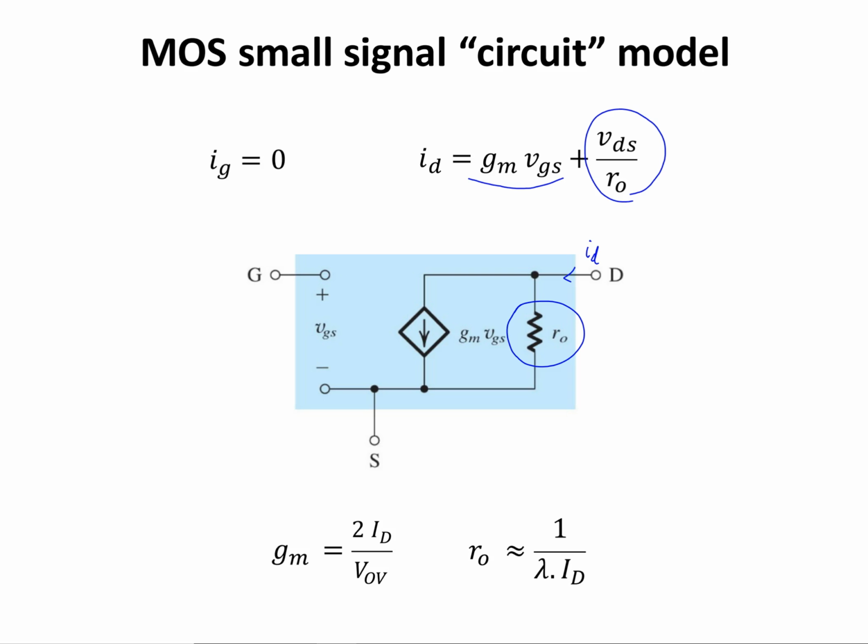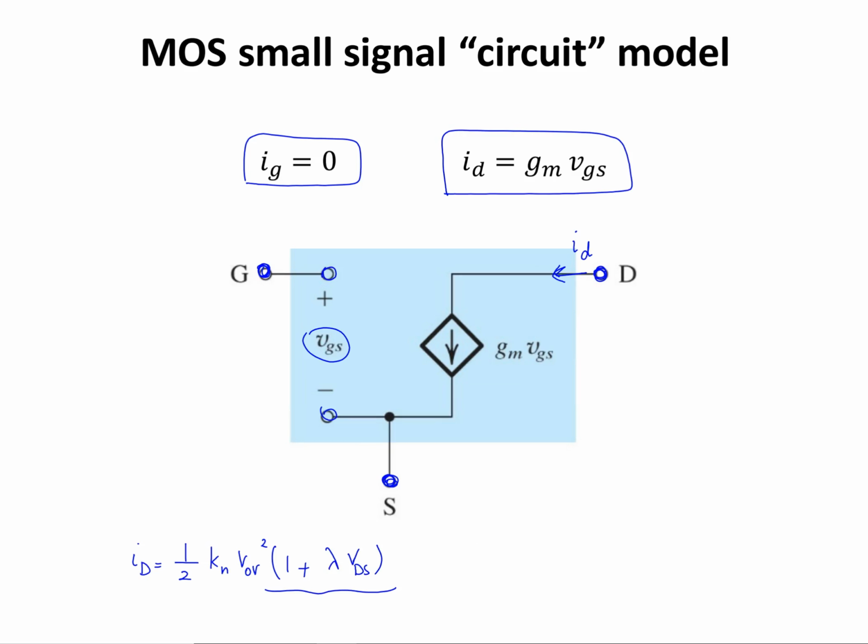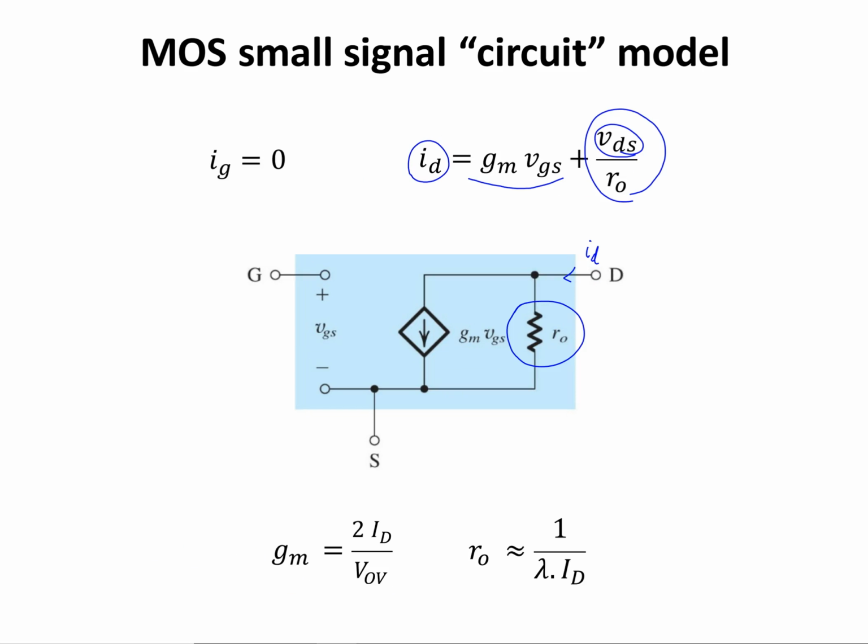If this VDS increases, the id value is also going to increase. The value of ro can be calculated as 1 over lambda times ID. You can look at the reference notes for the detailed derivations of this ro. And gm, which I already had, is calculated as 2 times ID divided by the overdrive voltage. And this is the small signal model that I'm going to use to analyze my MOSFET amplifier circuits.